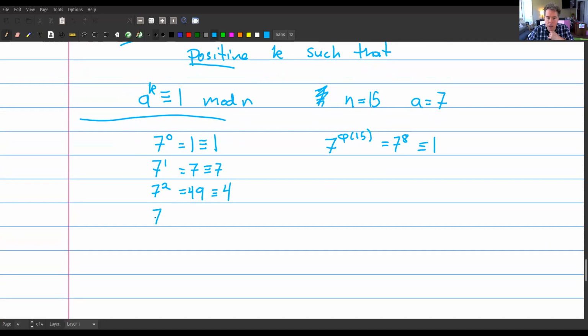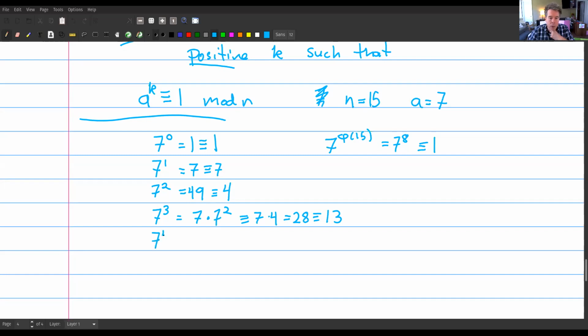I am not able to mentally do 7 cubed, but it doesn't matter because I can do 7 times 7 squared, which is congruent to 7 times 4, which is 28. And what is that mod 15? 13, yes. So 7 cubed is 13.